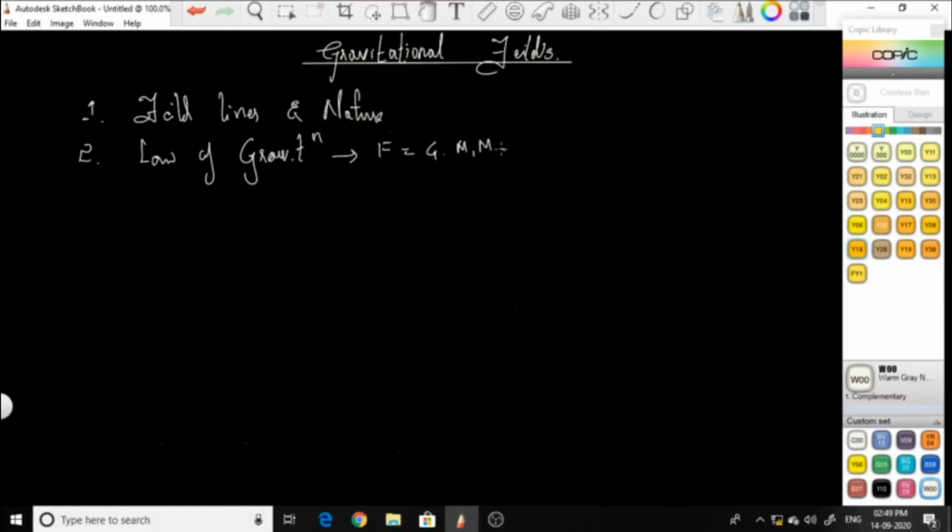From this, we got our field strength. The equation of this is g is equal to capital G M over r square. After this, we discussed work done.